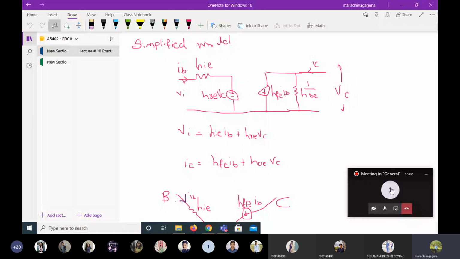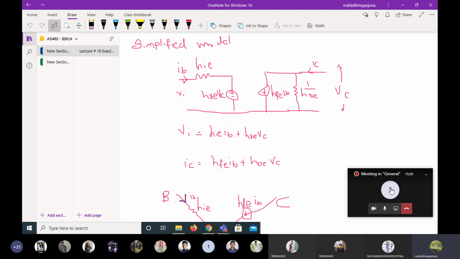Again we are going to analyze the CE amplifier using the H parameter model. It's the same H parameter model, but in the last class we discussed the exact analysis. Now we are going with the simplified model or approximate model.